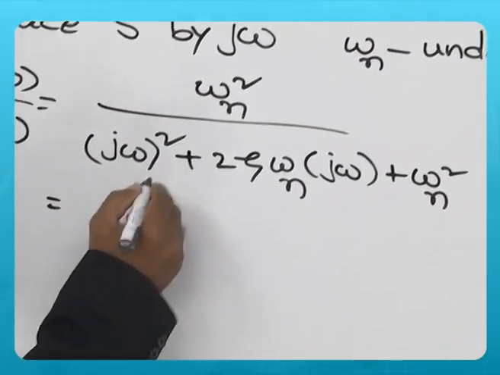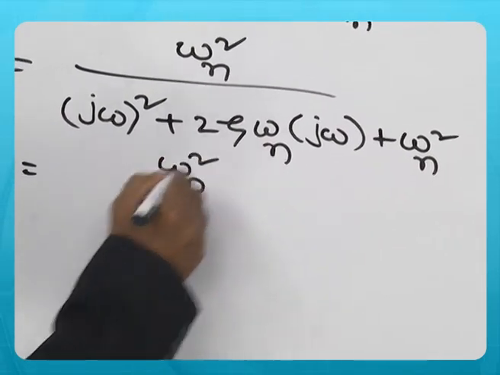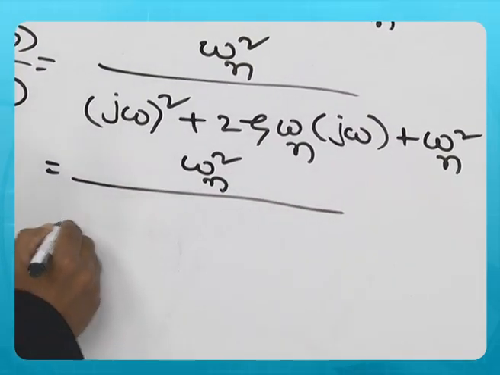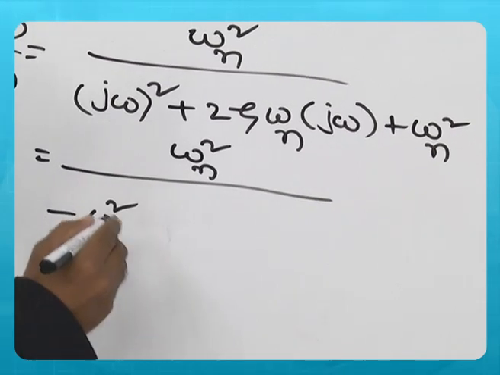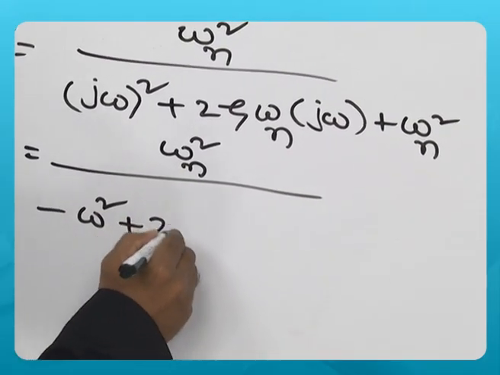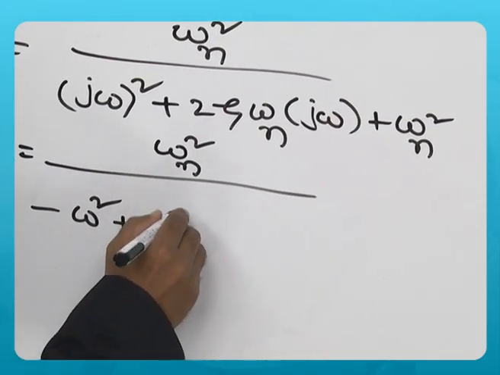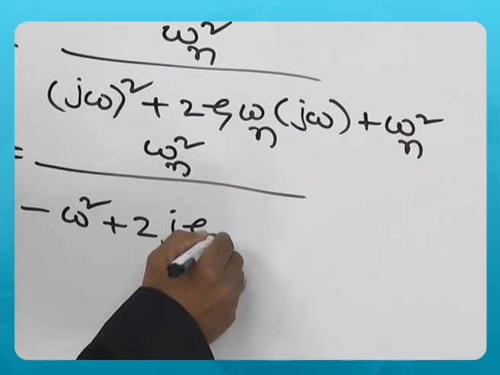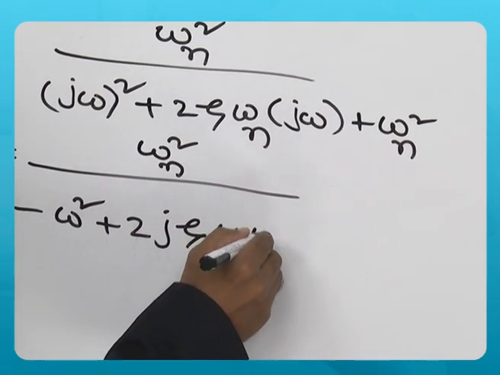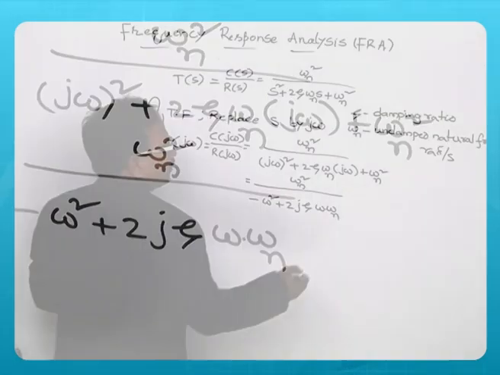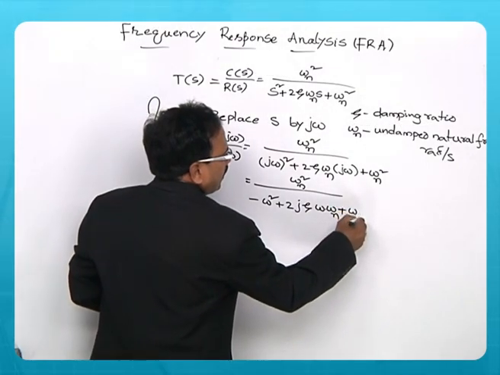If you simplify this, omega n square by minus omega square plus 2 j zeta omega into omega n plus omega n square.